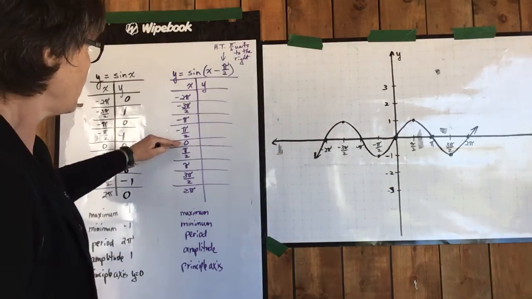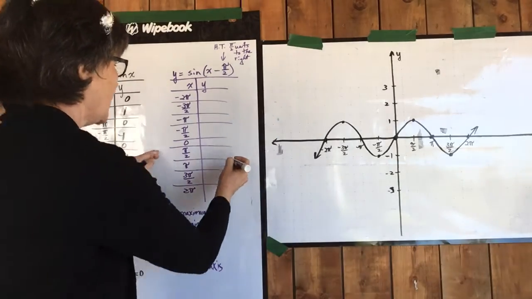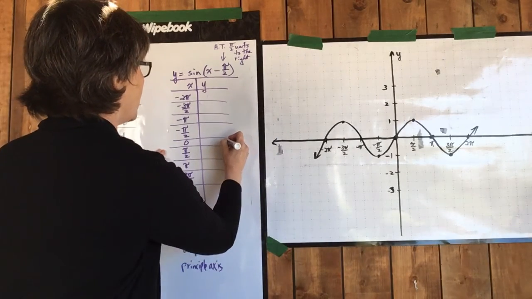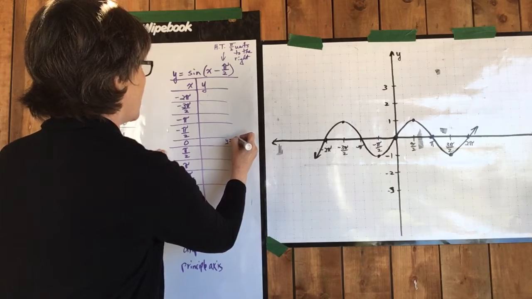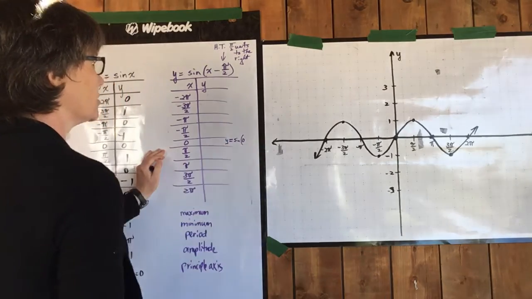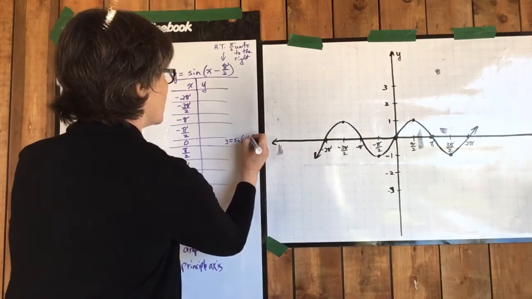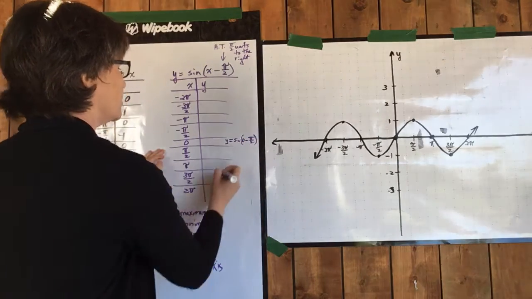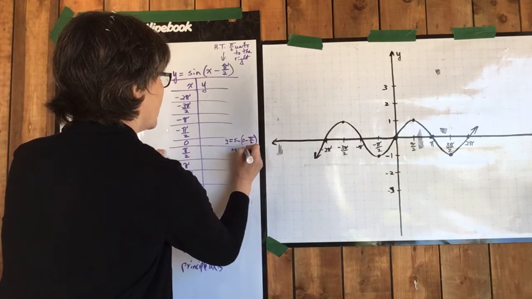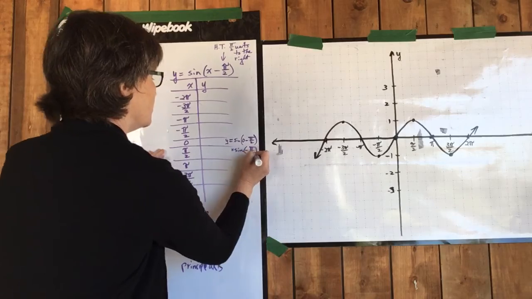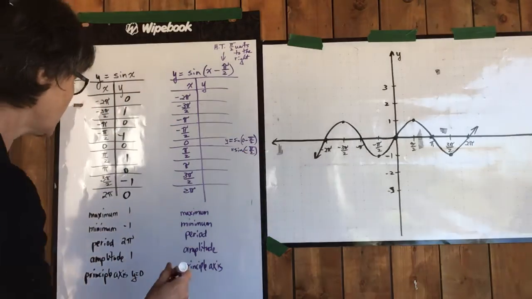So let's pop down here to 0 and look at what this algebra would look like. Y equals the sine of, substitute 0 in for x, 0 subtract pi over 2. So that equals the sine of negative pi over 2, which we then need to find on our unit circle.